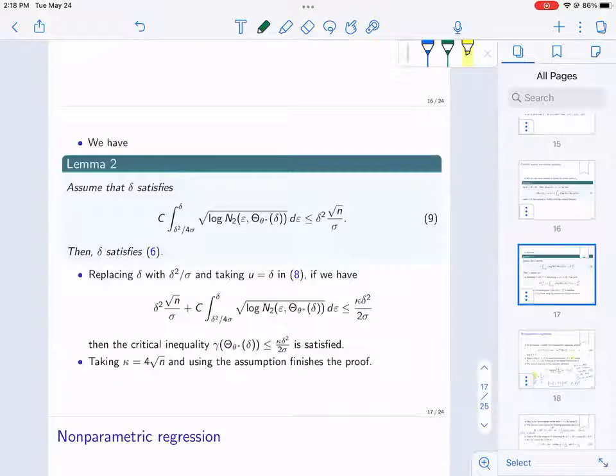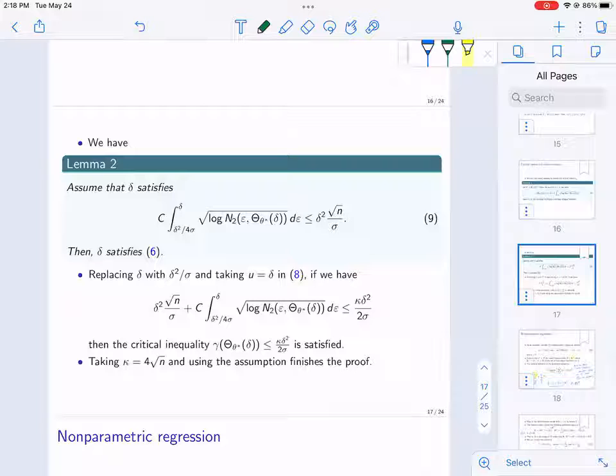So instead of solving that critical inequality, it's enough to solve this version. This is an upper bound on that Gaussian complexity, and we manipulated it a little bit. We want to apply this because for many function classes, the entropy estimates are known.